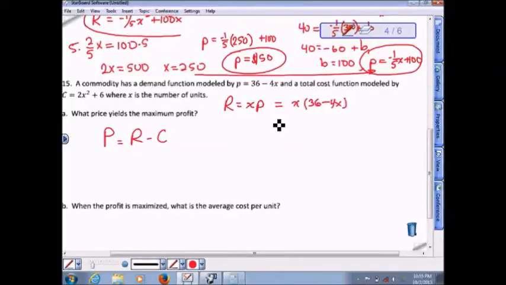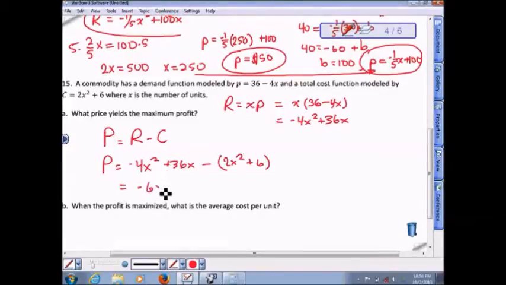times 36 minus 4x, which is negative 4x squared plus 36x. So the profit is equal to negative 4x squared plus 36x minus the cost, which is 2x squared plus 6. So combining like terms, we're going to have a negative 6x squared plus 36x minus 6.